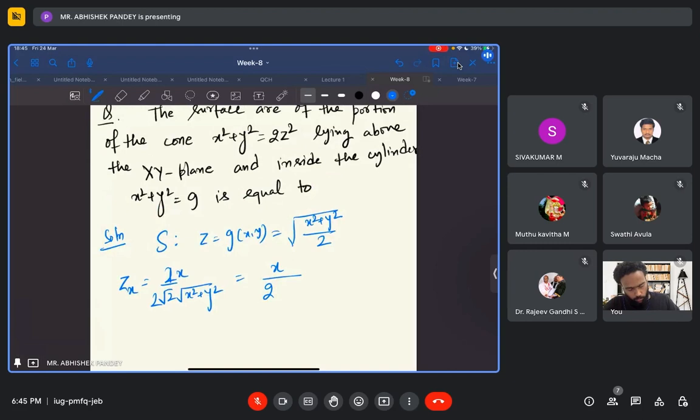Okay, so here, what will be this one? So 2 into under root 2 into x square plus y square. So 2 into this will be 4, so 2 square, so 2z.